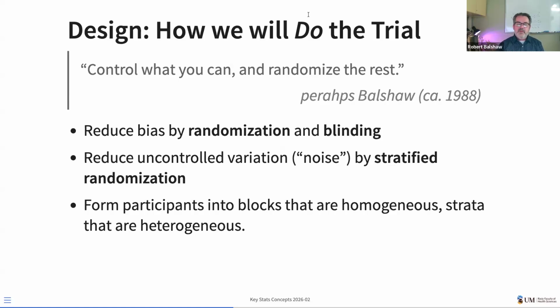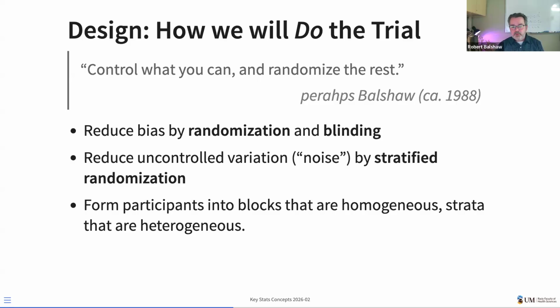One of the phrases that popped into my head years ago when I was learning about randomized experiments in general is that you control what you can and you randomize the rest. And that's sort of the central idea of statistical design. What can we control? What should we control?